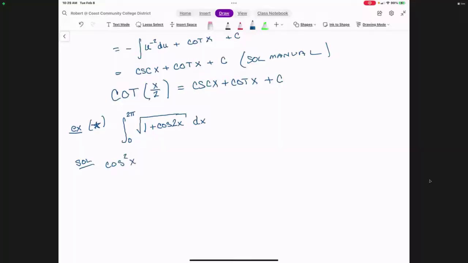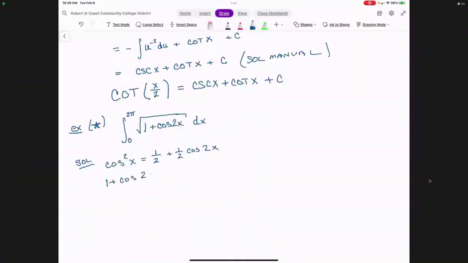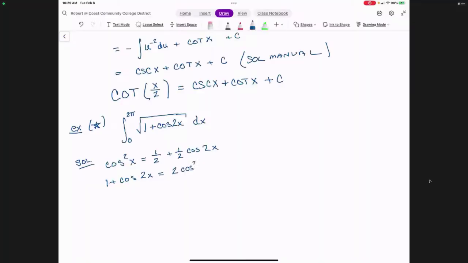So we start off with the basic identity, and this is how my memory works. I remember it like this: 1 plus the cosine of 2x is equal to 2 cosine squared of x.